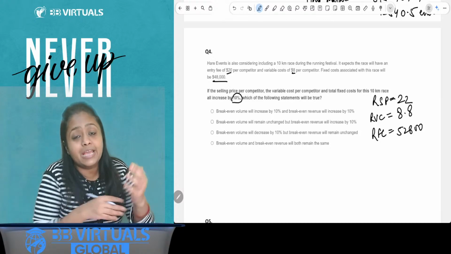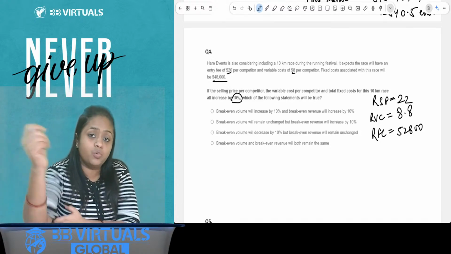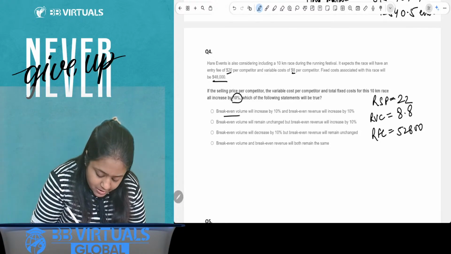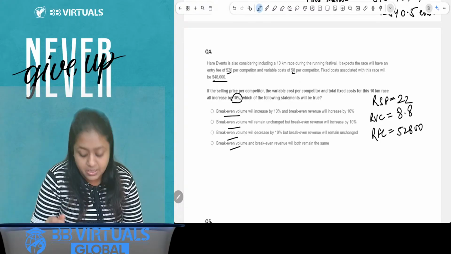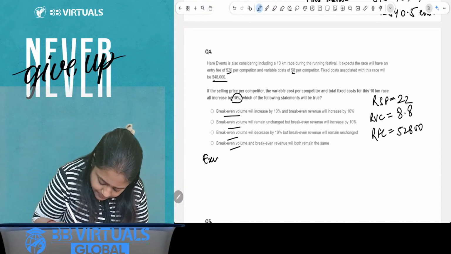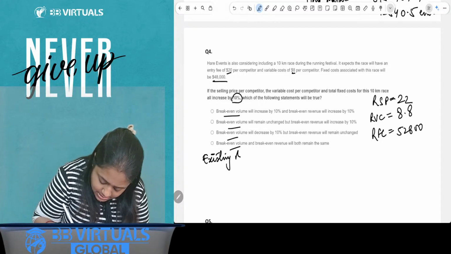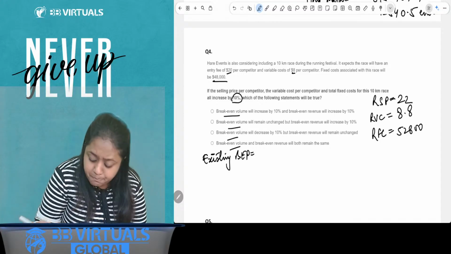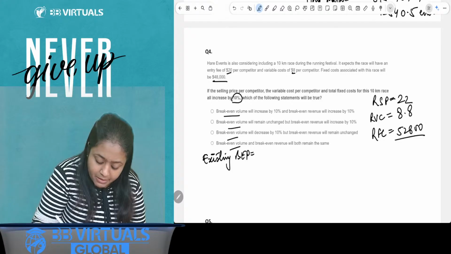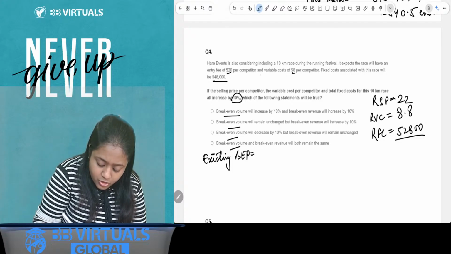Now first get the existing break-even point and then you will take the revised break-even point, because every pointer is regarding the break-even point. So let's calculate it here. What is the existing break-even point? Very simple. The fixed cost, 48,000, divided by contribution.